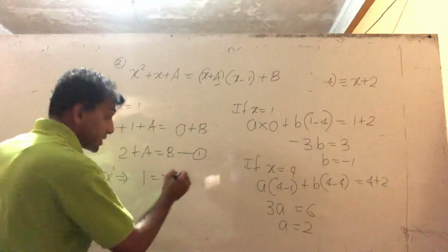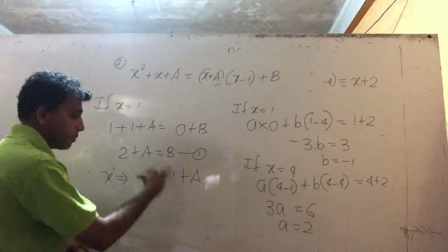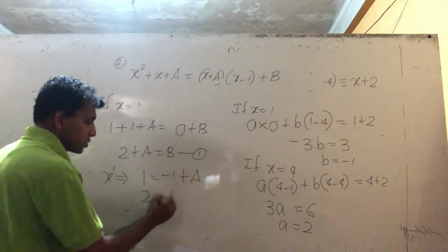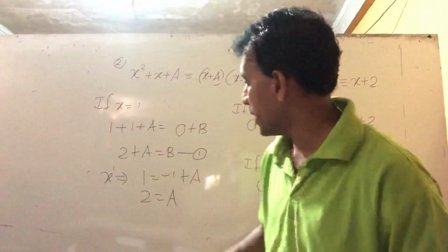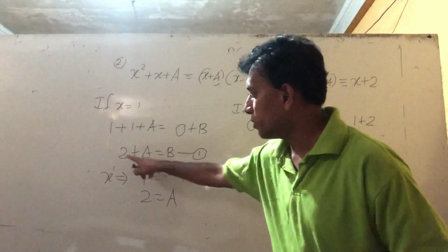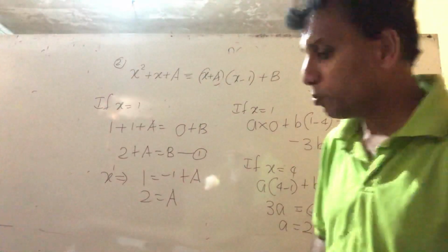Therefore 1 equals minus 1 plus a, so a value is 2. If you know a is 2, put it here: b is 4. A is 2, b is 4, right?